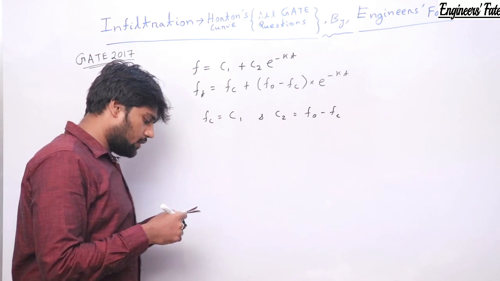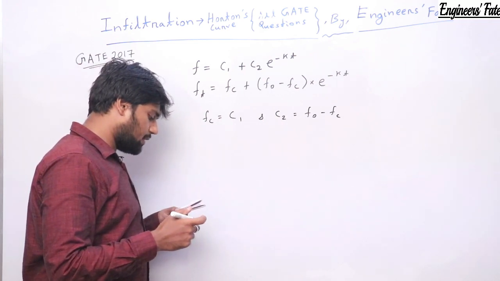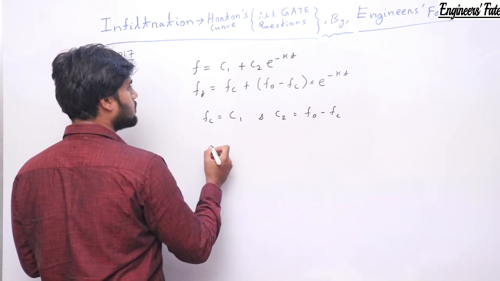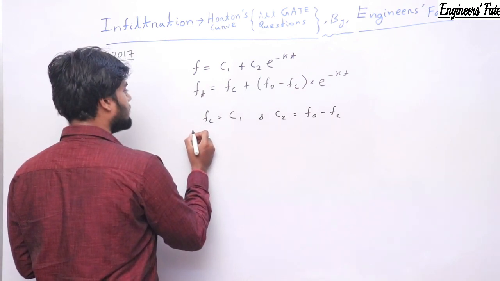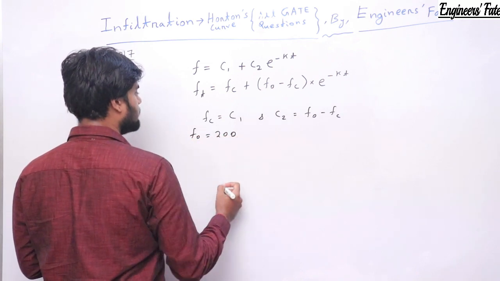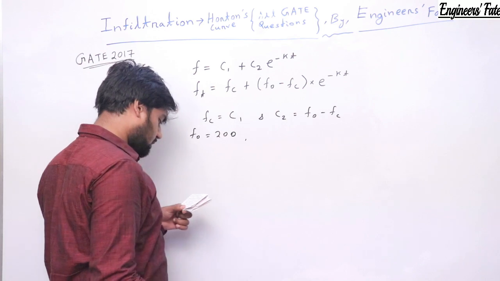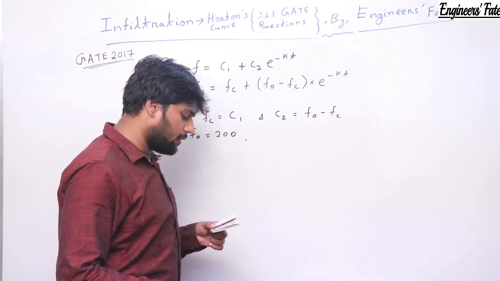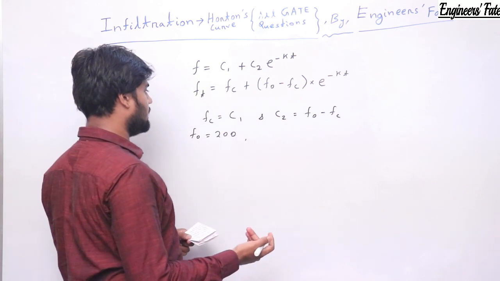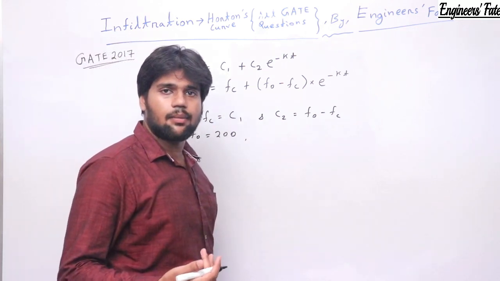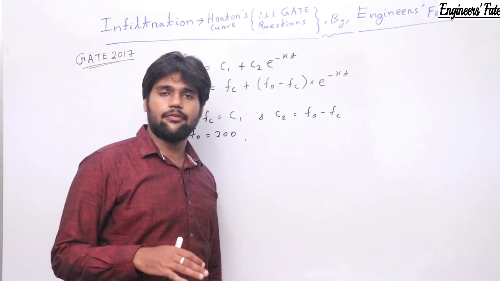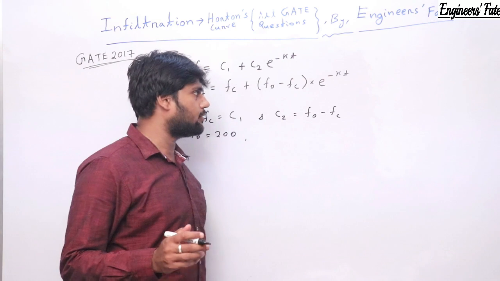Next, during an experiment, the initial infiltration capacity was observed to be 200 mm per hour. Means in the question he has given initial infiltration rate F naught equal to 200. Next, after a long time the infiltration capacity was reduced to 25 mm per hour. Means after a long time, I have told you, the infiltration rate will be constant, and that will be Fc.